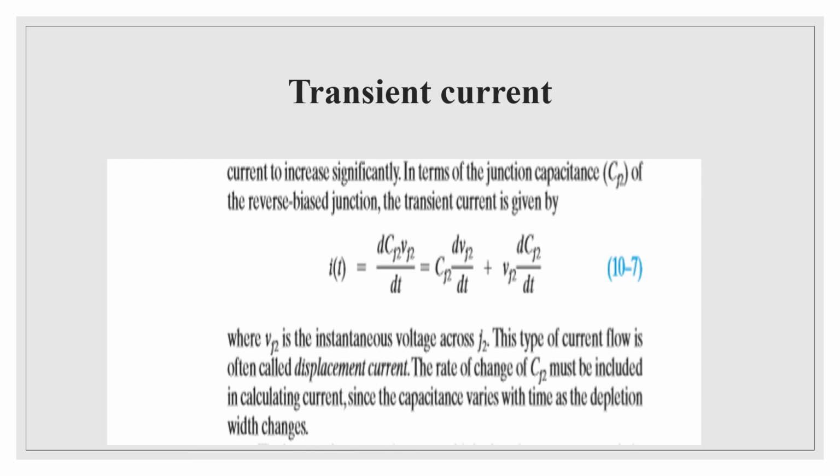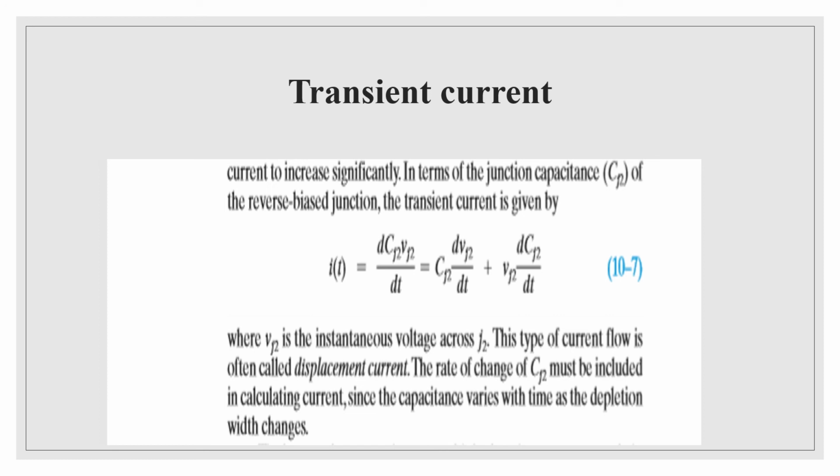As the depletion width of J2 increases, electrons are removed from the N1 side and holes are removed from the P2 side of the junction. For a slow increase in voltage, the resulting flow of electrons toward J1 and holes toward J2 does not constitute a significant current.